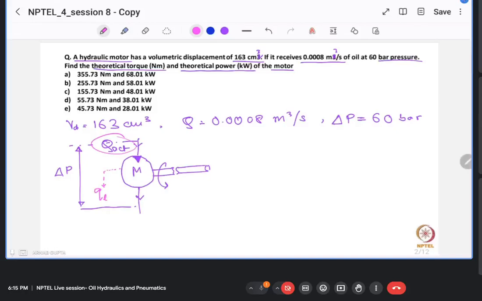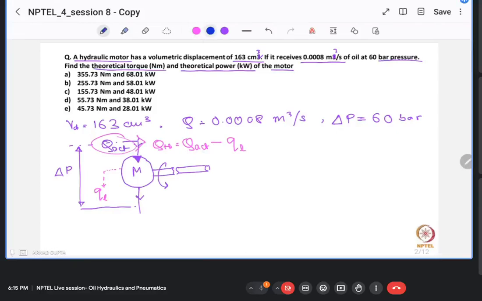So what you can write here is Q theoretical is your Q actual, that is the amount of liquid that is ideally flowing into the system, minus the loss that is happening. That is the leakage loss, and also some compressibility losses. So you can understand that Q theoretical is obviously less than your Q actual, right?